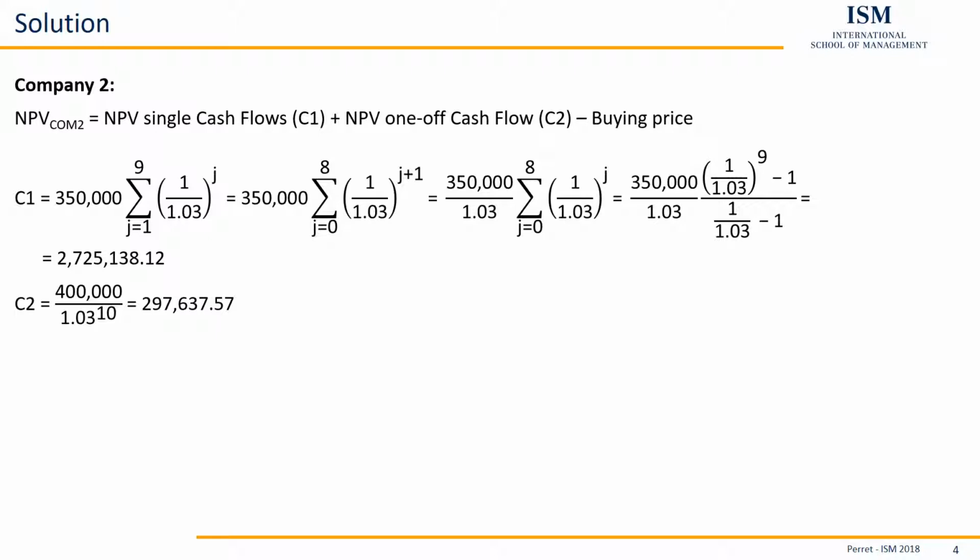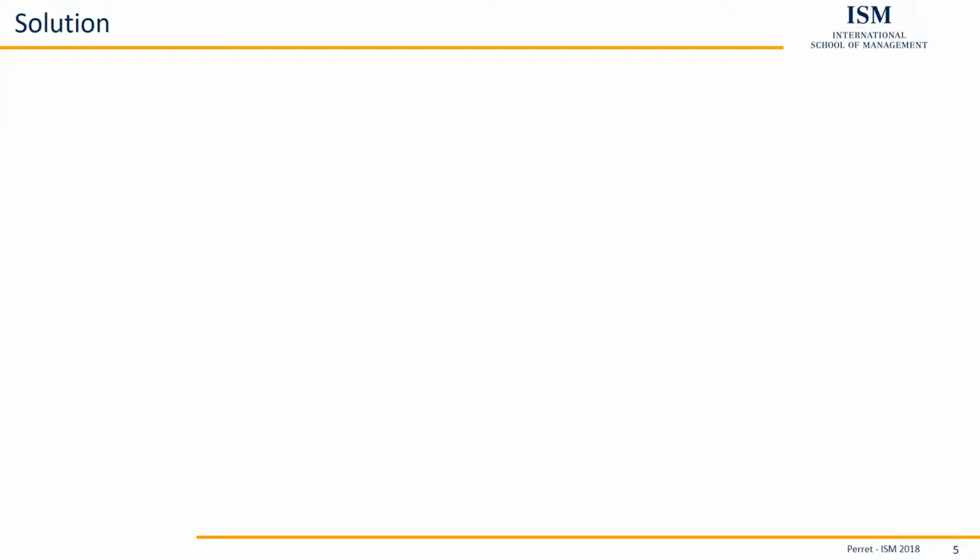So we add up these two partial net present values, subtract the buying price of 1.5 million, and get here an overall net present value of our company 2 of 1,525,775.69 euros.